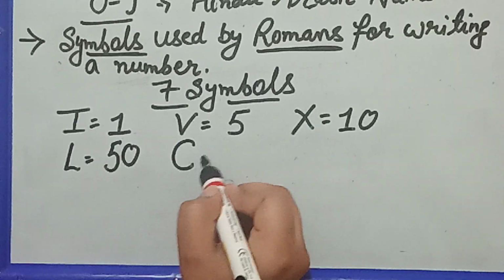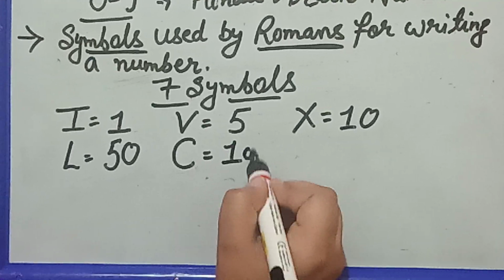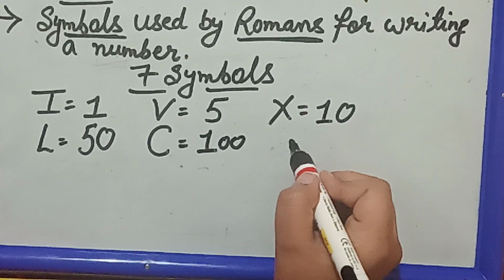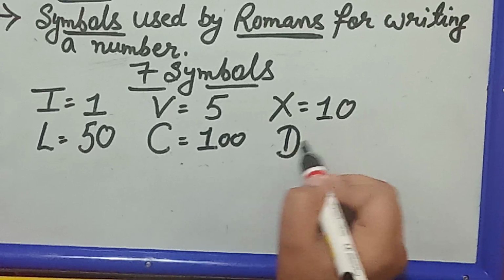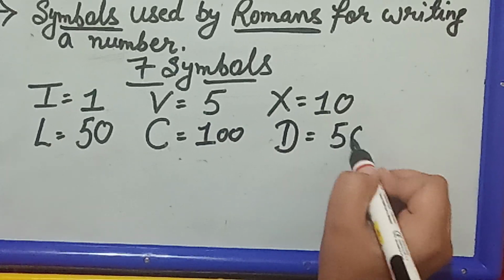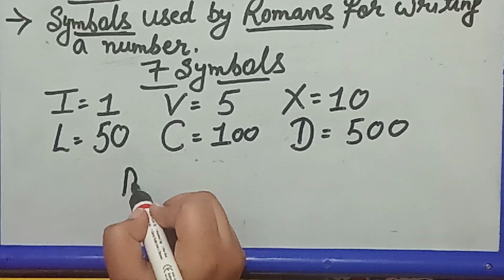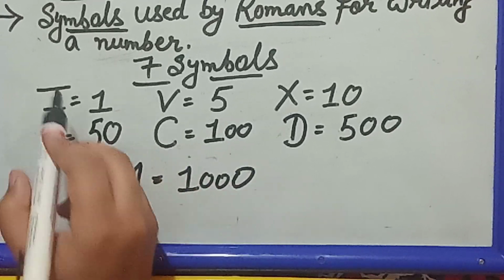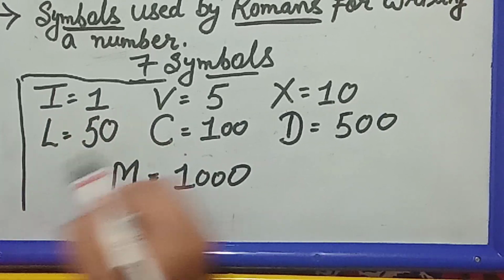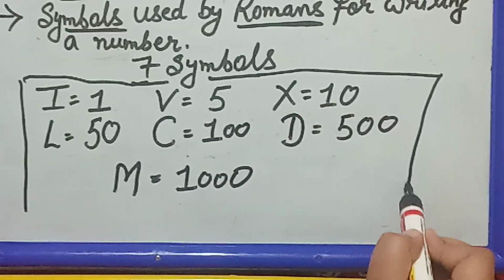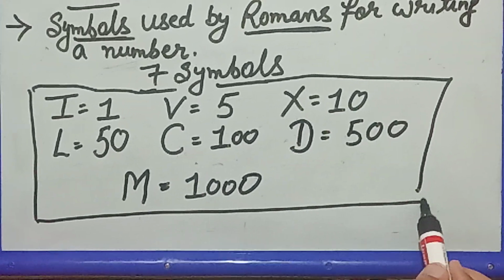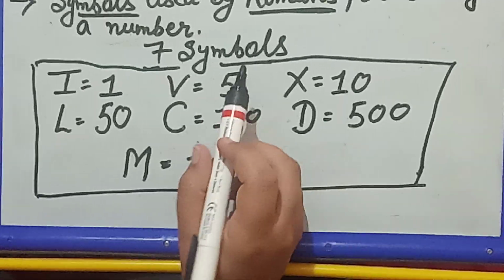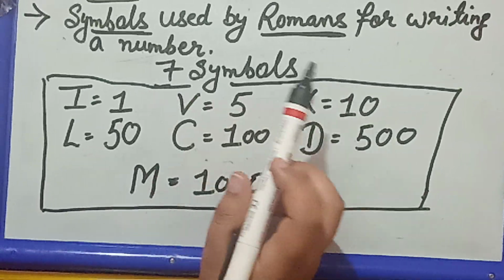Then we have C, which means 100. Then we have D, which means 500. And last symbol is M, which means 1000. So basically there are these 7 symbols which are used by Romans for writing Roman numerals.